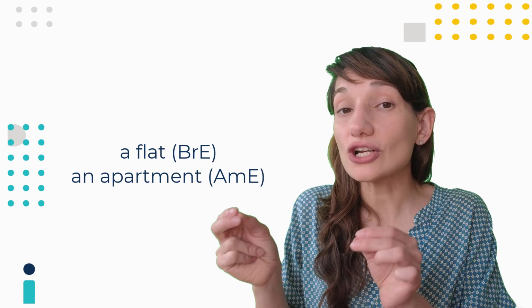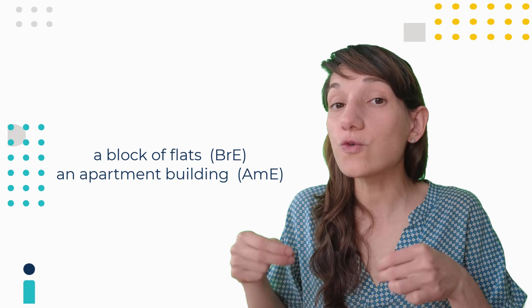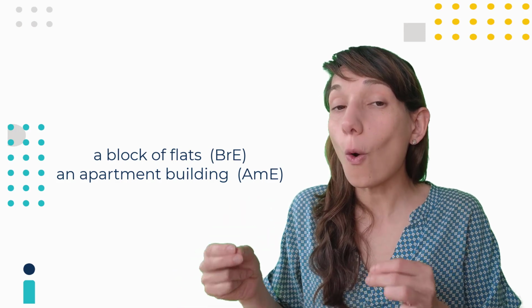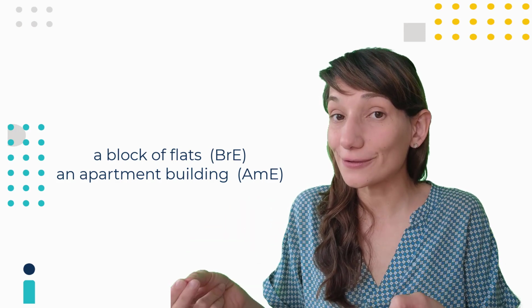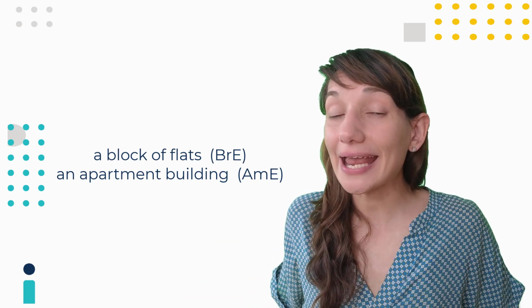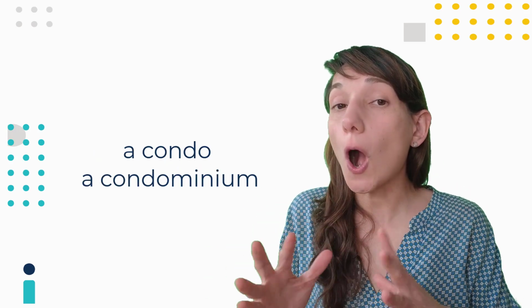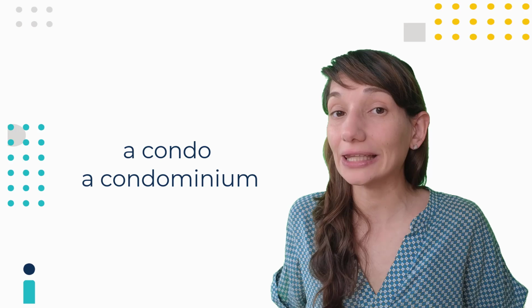That's why such buildings are also called blocks of flats or apartment buildings in American English. Sometimes in American English you can also hear the word condo or condominium used a lot.